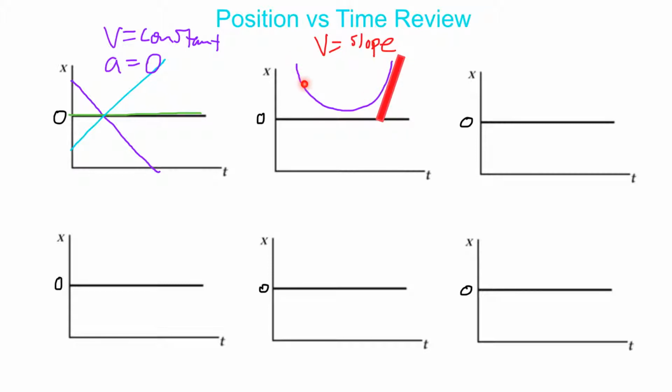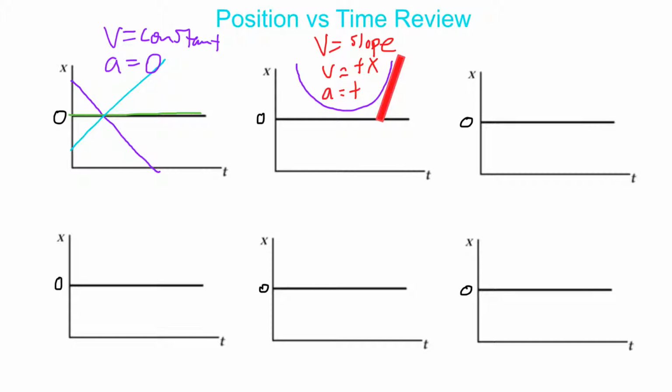So the velocity was changing in a positive x direction, which means that the acceleration must be positive. It must also be changing in a positive direction if we have this upward slope.